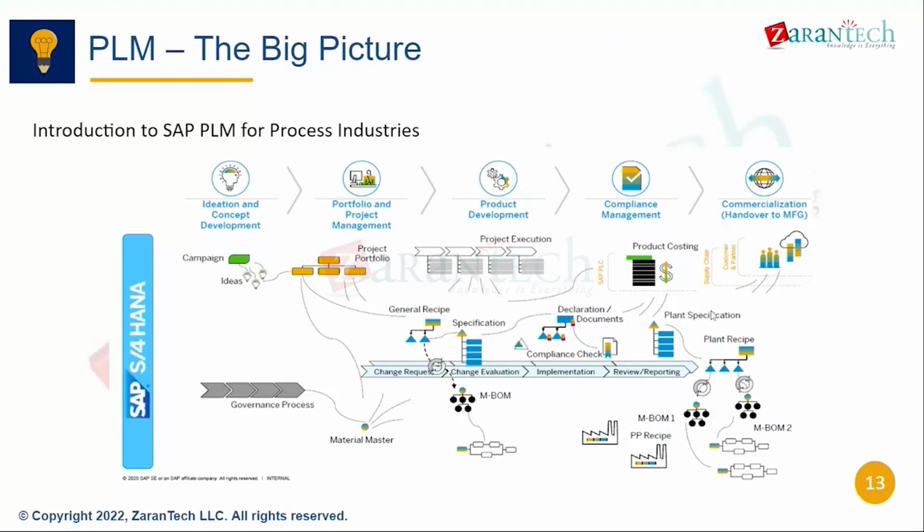Here you will have different materials which differ from plant to plant. So there we will see the recipe link or relationship with the logistic material based on the plant, which differs. Here you can see that this change request to change the reporting falls across this stage to this stage.